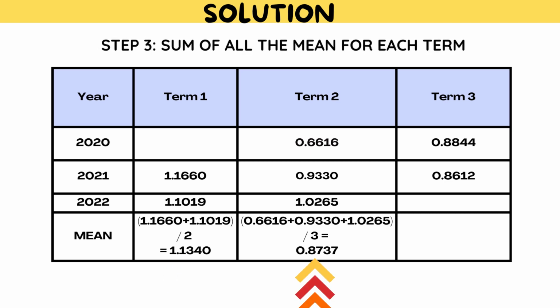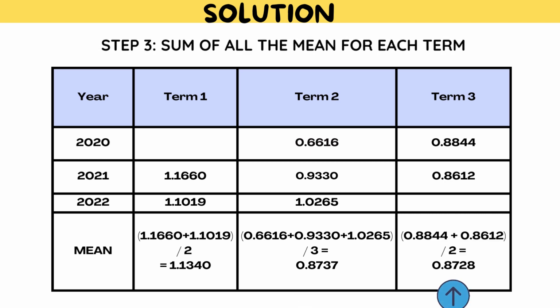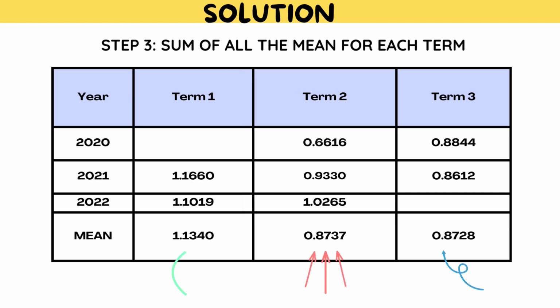For the second term, you have three values: 0.6616 plus 0.9330 plus 1.0265. Since you have three values, you have to divide the summation by 3 and the answer is 0.8737. For the third term, how do we calculate our mean? 0.8844 plus 0.8612, divide by 2, and the answer is 0.8728. On your screen are all our three term means.